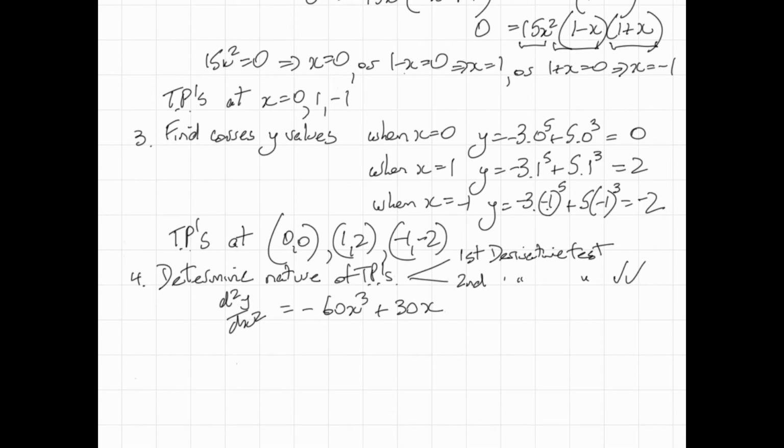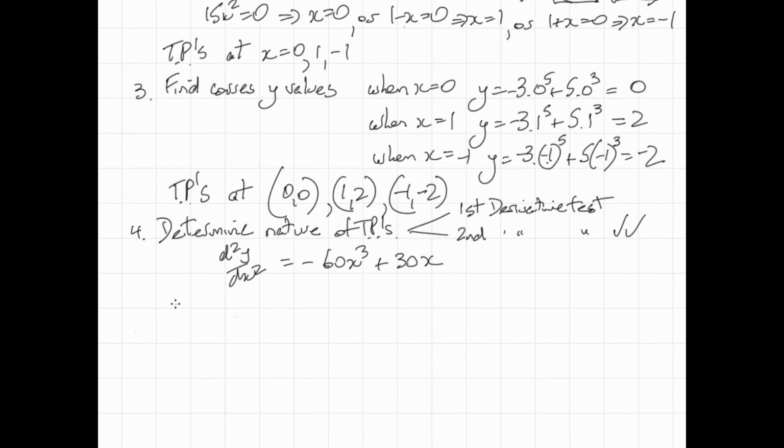All we've got to do is substitute the x values in and see whether it's positive or negative, to determine whether we have maximums or minimums. So at x equals 0, d2y/dx2 is equal to negative 60 times 0, plus 0, so that'll be equal to 0. So the second derivative test fails.